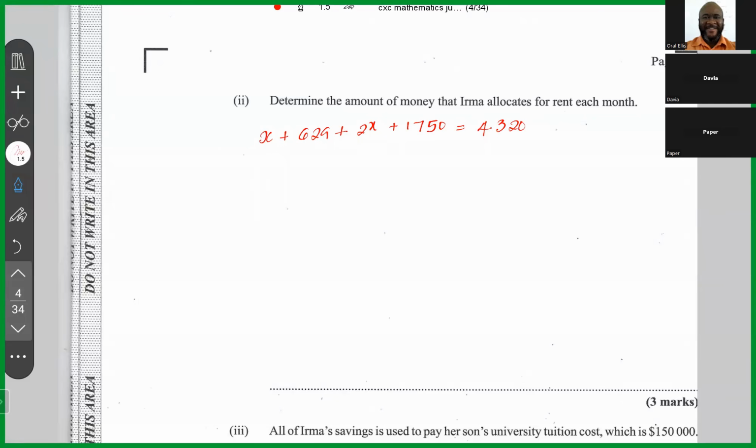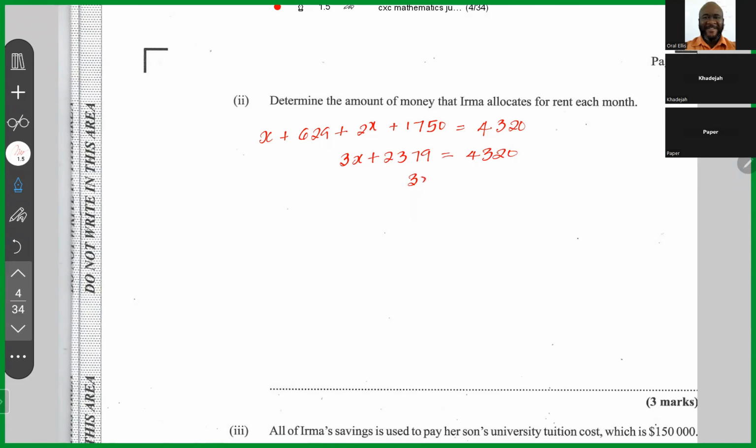All right, so X plus 2X is 3X. 629 plus 1,750 is 2,379, and that is equal to 4,320. The positive 2,379 goes over to the right and becomes negative.